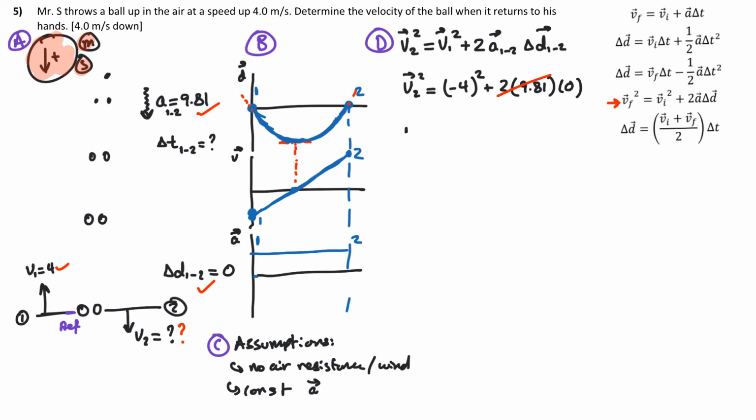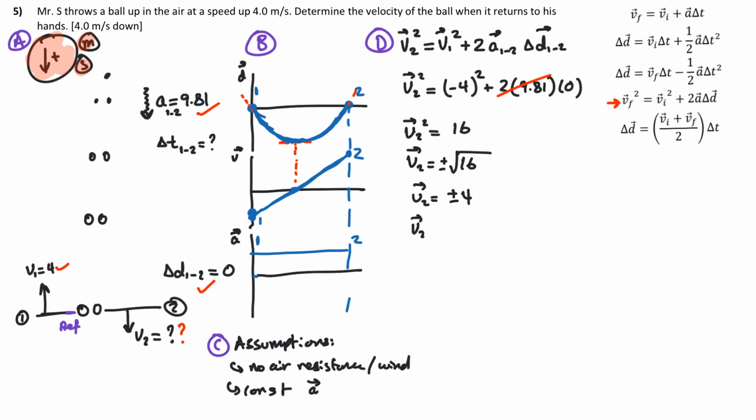Do this, and I get v2 squared is equal to 16, and v2 is equal to plus or minus the square root of 16, which is plus or minus 4. Now direction does matter. I know that when it goes up and comes down, it's going to be going in that direction. This direction and this direction match, and since they match, I have to use the positive one here.